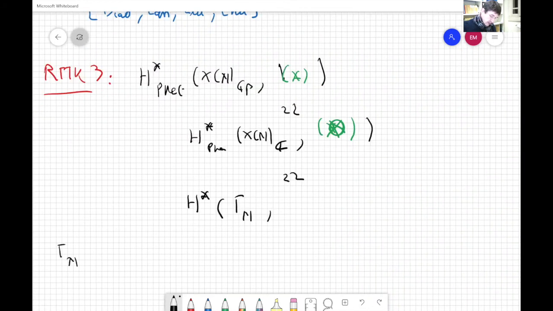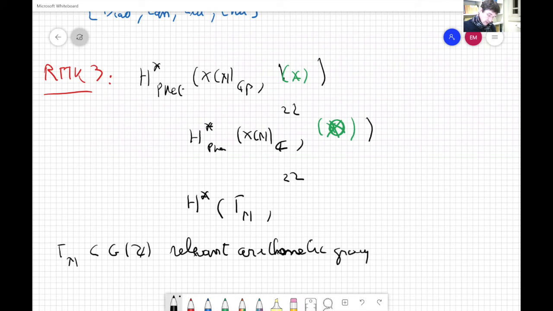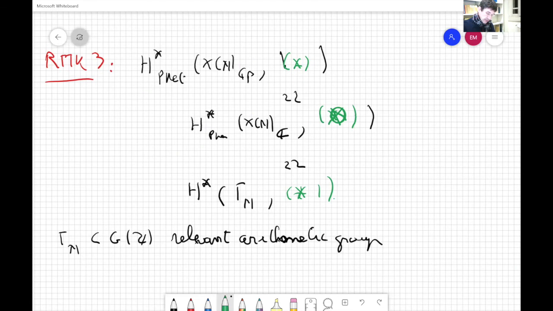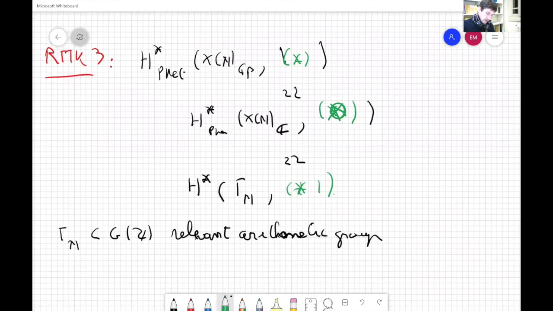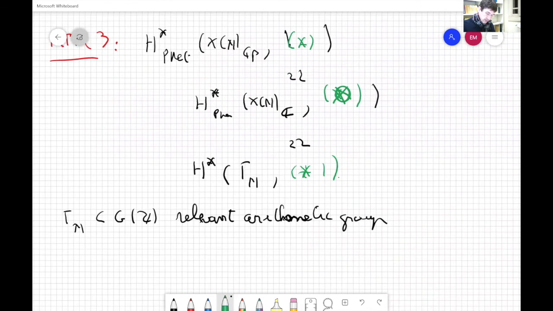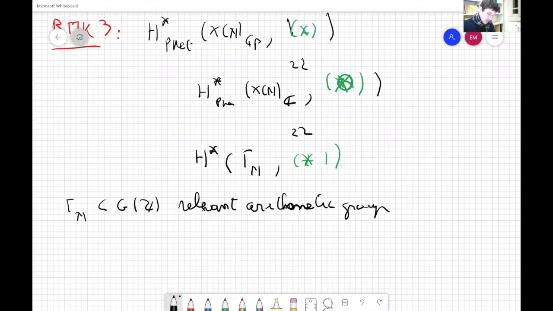So gamma n is an arithmetic group. For example, of matrices congruent to 1 modulo n that defines the full level n structure. Again, of the same kind of coefficients, now viewed as representations of gamma n. Okay, and actually this is important because these objects have been put into families.